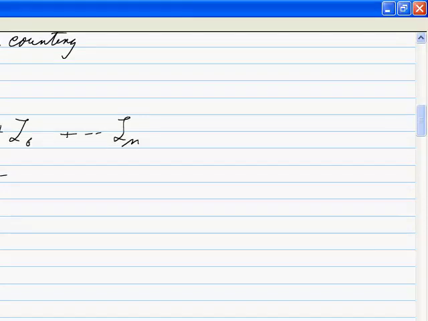There's the head. Anyway, so 1, 2, 3, 4, 5, 6 loops. 6-loop diagram. So we'll categorize this by the number of external legs and the number of loops.